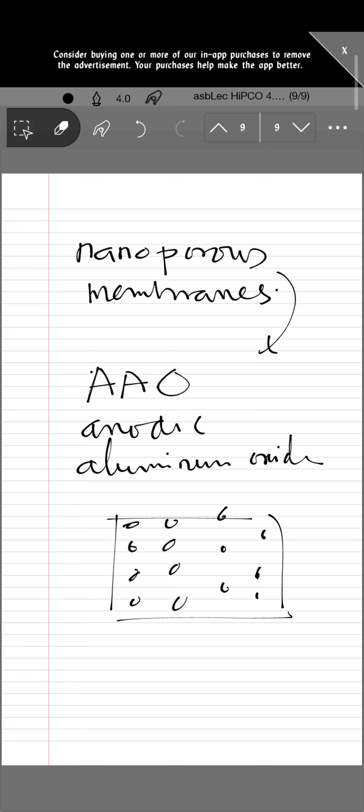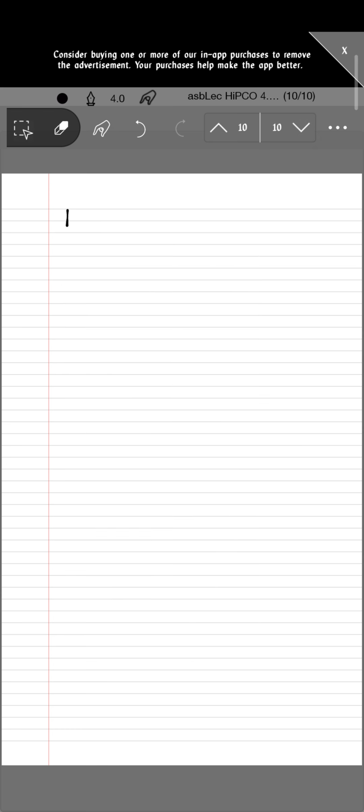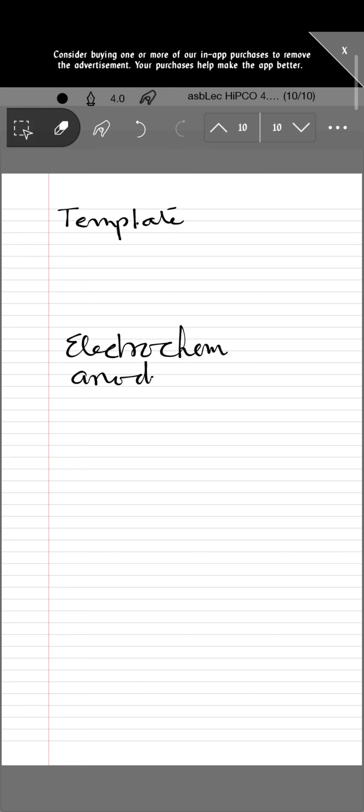Now, if we compare, there are in fact three different methods that we have talked about: the template method, then the electrochemical anodic oxidation, and the last one being hydrothermal.